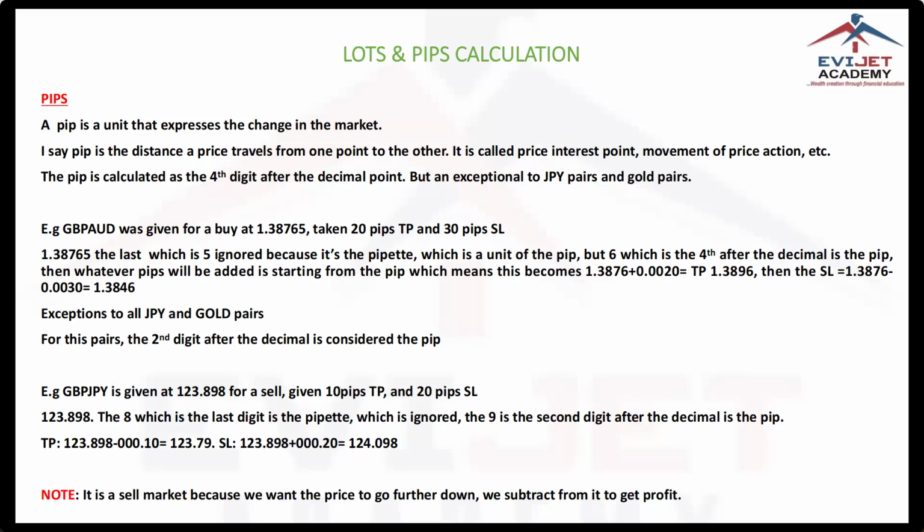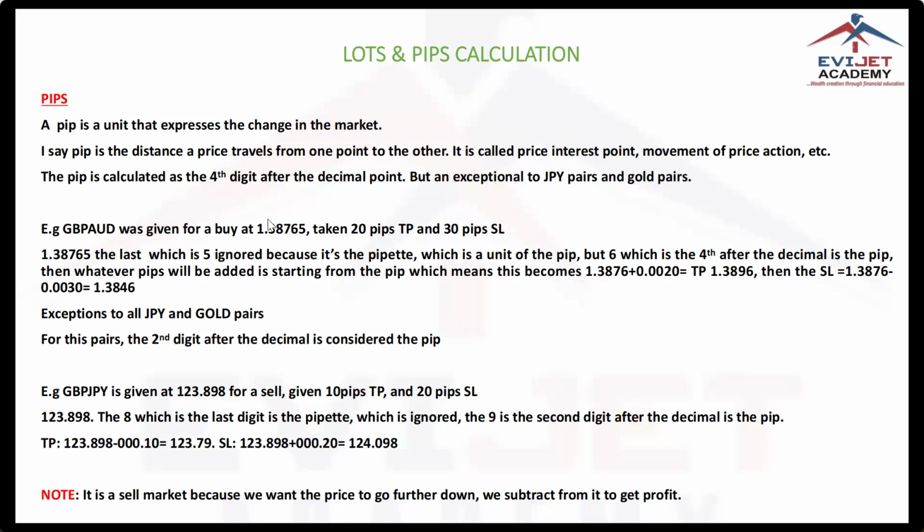For example, GBP/AUD was given for a buy at 1.38762, taking 20 pips TP and 30 pips SL, 1.3867. Now look at this.